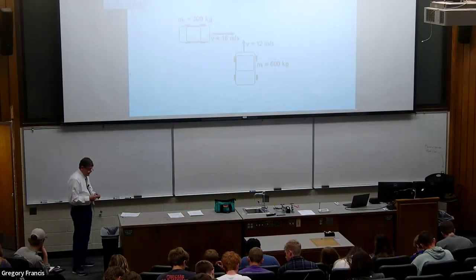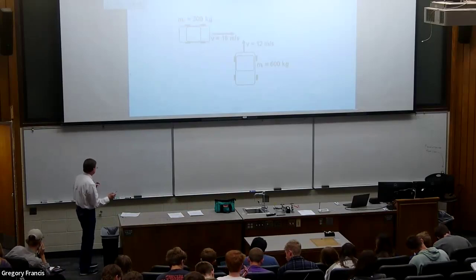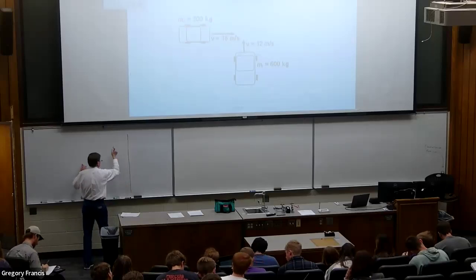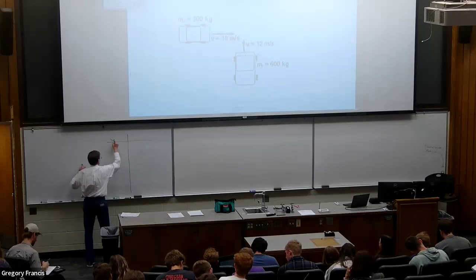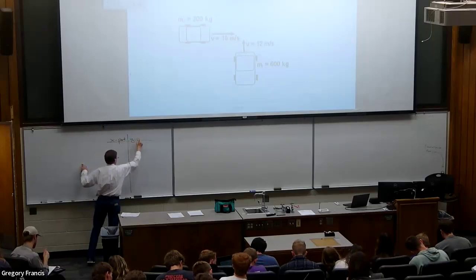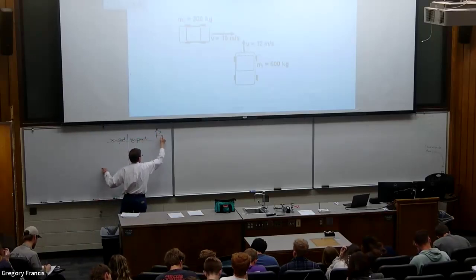I just want to point out that the most important step in solving one of these two-dimensional momentum problems is always going to be that line right there, separating out the X part of the problem from the Y part of the problem, where I'm using a standard coordinate system.